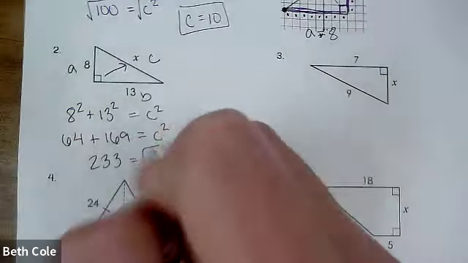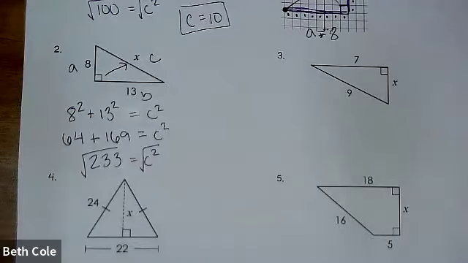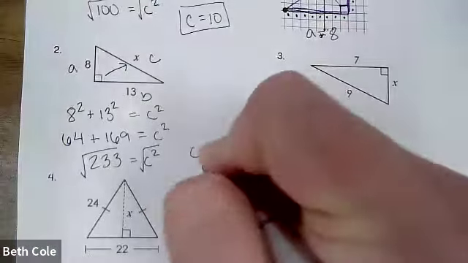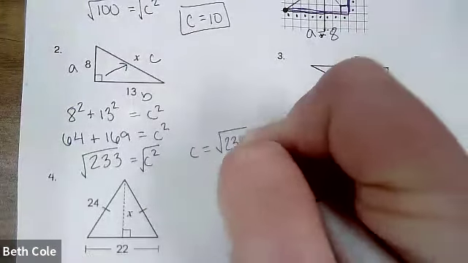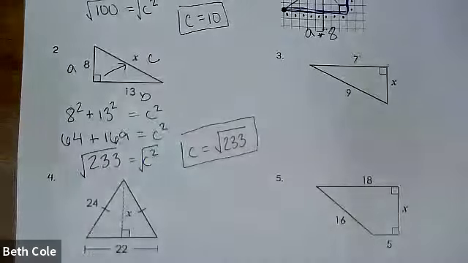Square root. Now 233 is not going to work, so you're just going to leave it square root of 233. I guess you could type that in and get a decimal answer if you really wanted to, but we're going to just leave it alone. Coming back to us from 2 days ago at all? Sort of. Let's try another one.